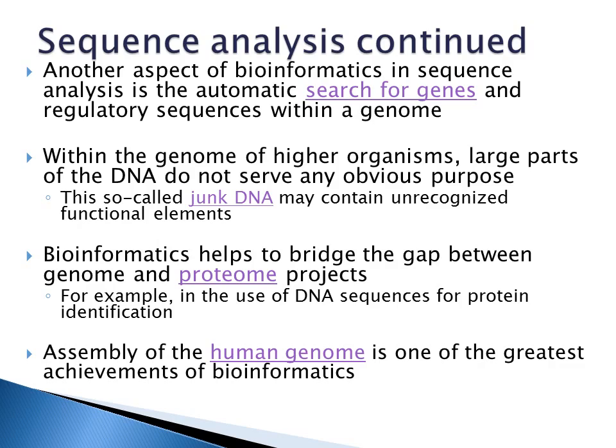So these may contain unrecognized functional elements, and we actually know that some of these intergenic regions do contain regulators and things such as regulatory small RNAs that do have a function. So bioinformatics helps to bridge the gap between genome and proteome projects. So for example, the use of DNA sequences for protein identification. And the assembly of the human genome is one of the greatest achievements of bioinformatics.